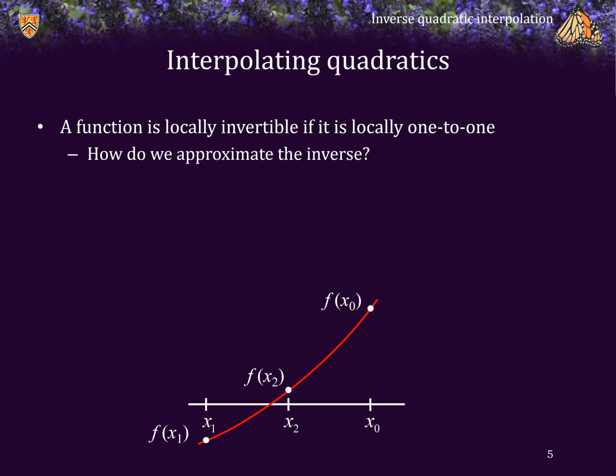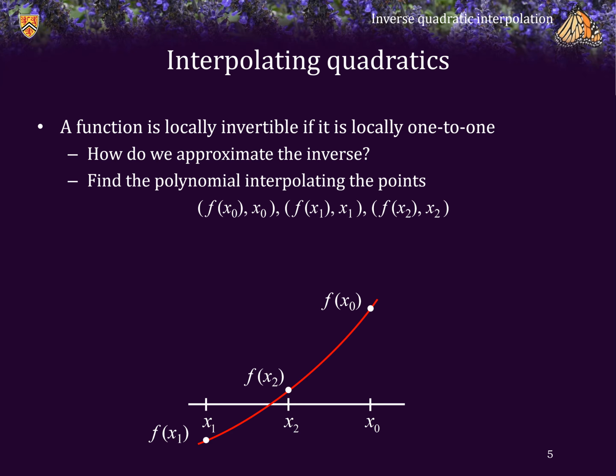So how could we approximate not the function, but its inverse? Well, actually, that's reasonably straightforward. Just find the polynomial that interpolates these points, as opposed to the previous techniques we've seen where we had the x values first and then the y values, finding a function of x. Now, very important, the f values must be unique, otherwise, of course, the function is not locally invertible.